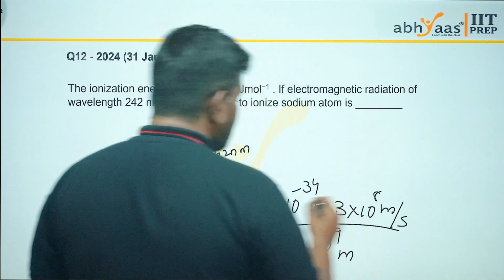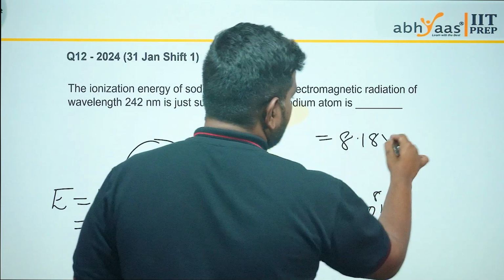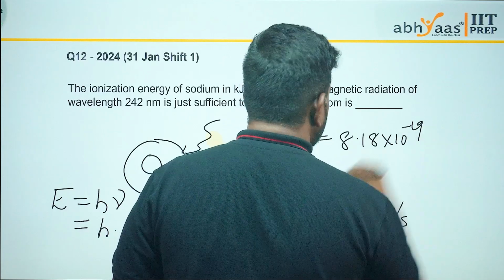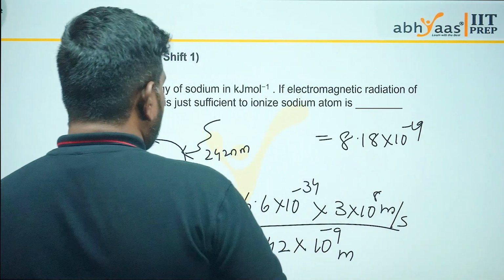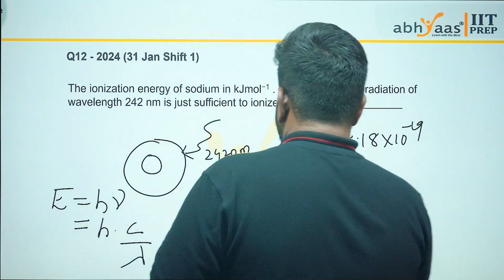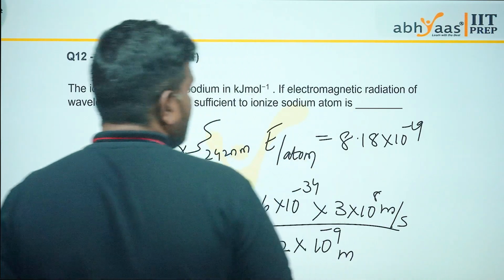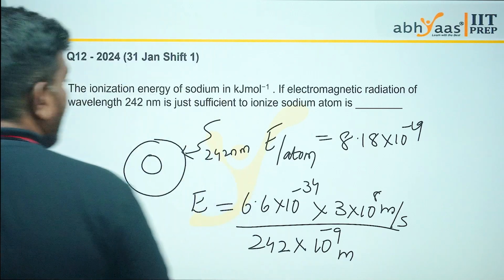When you solve this, you will get an answer of 8.18 into 10 raised to minus 19. This is the energy per atom.